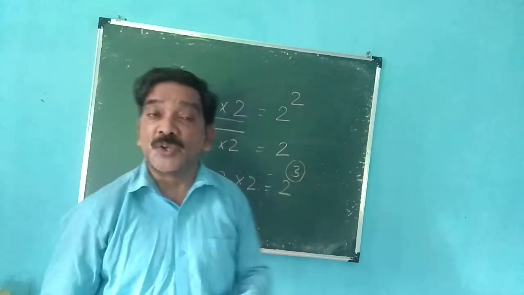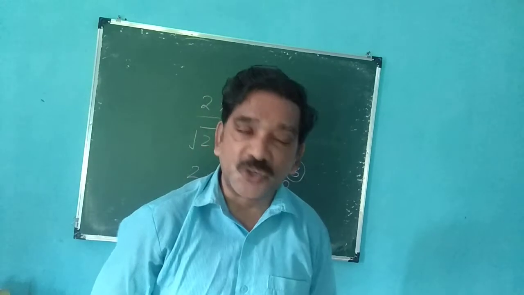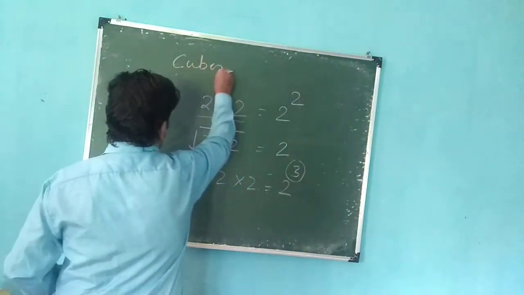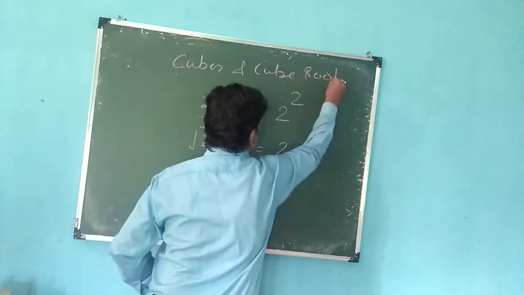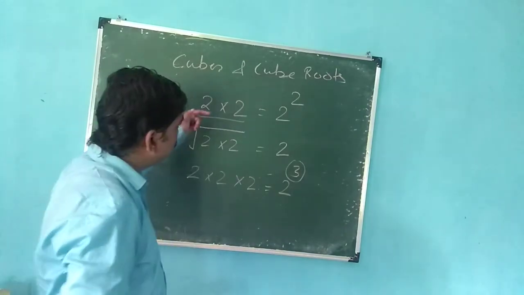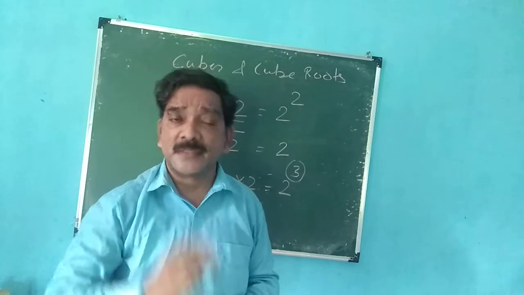So my dear students, today we will start with the chapter cubes and cube roots. Clear? If you have understood square very well, then you can easily do the cube also.